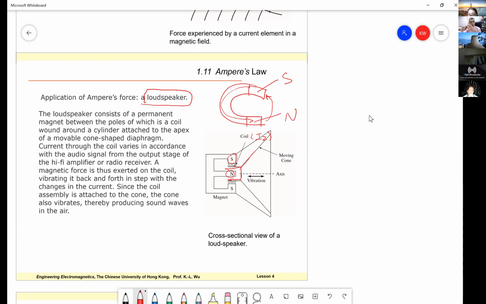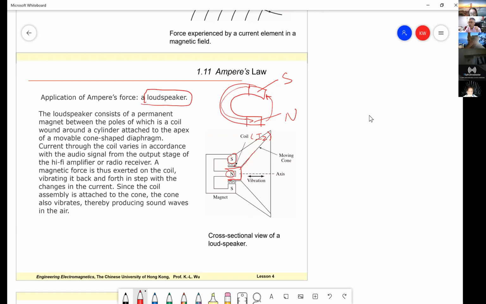So why change I2? The current changes according to our signal strength, right? Then what we can experience is this coil will experience a force. This force changes according to the change of I2 with time.